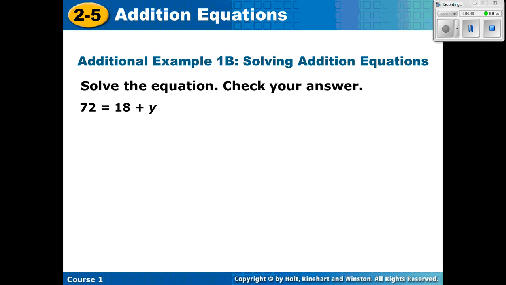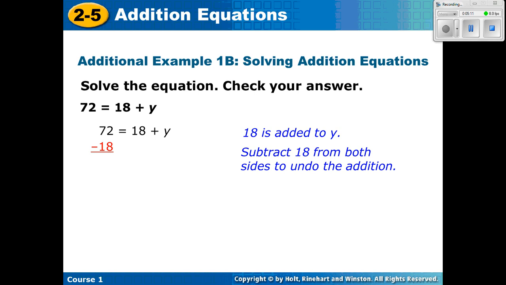So pause this video and try to work this one out on your own. We have 72 equals 18 plus y. And just because this equation is reversed does not mean you're going to do it any different than you did before. So you're going to subtract 18 from both sides because you want to get the y all by itself.